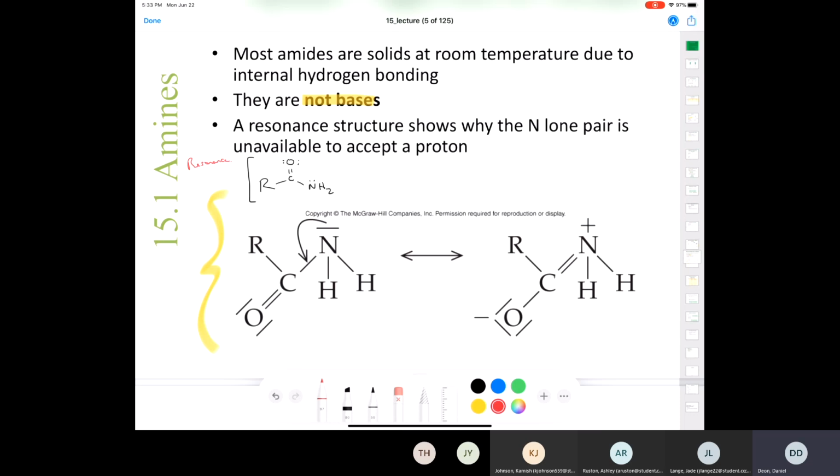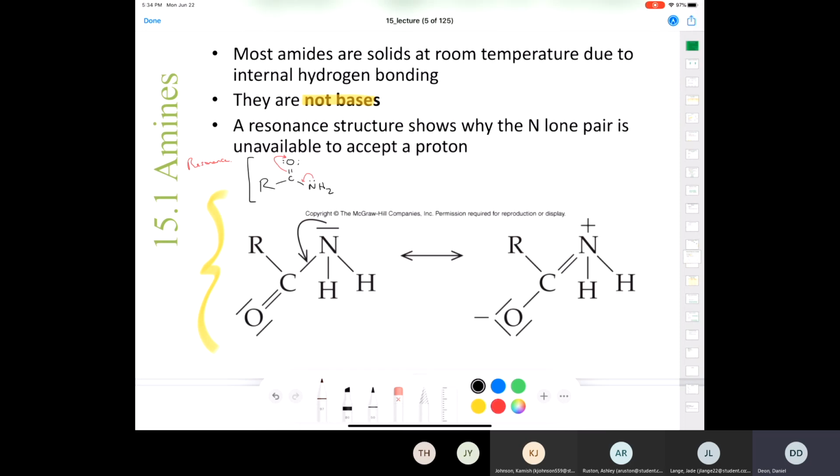Let me draw the resonance arrows for you. You can take those two electrons and form a new bond here, so that you'll have a double bond, but then that would give the carbon 1, 2, 3, 4, 5 bonds, and you can't have that. So the pi bond breaks and the electrons go up on the oxygen like this.